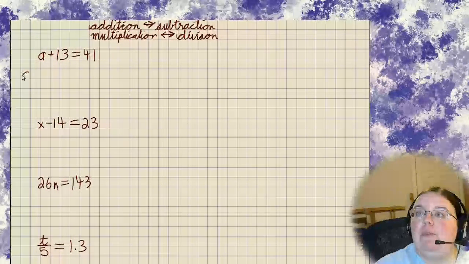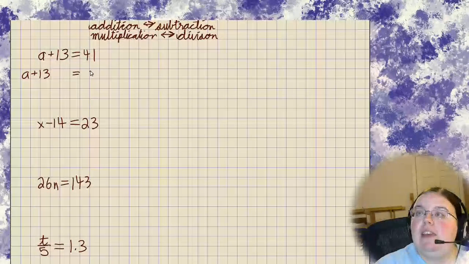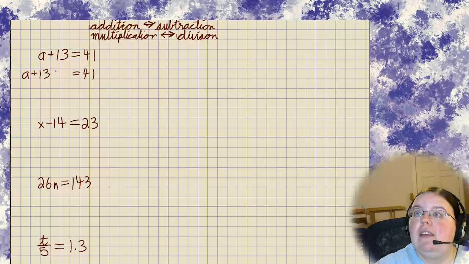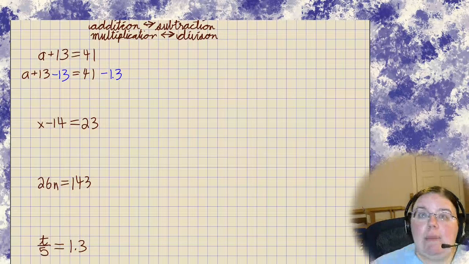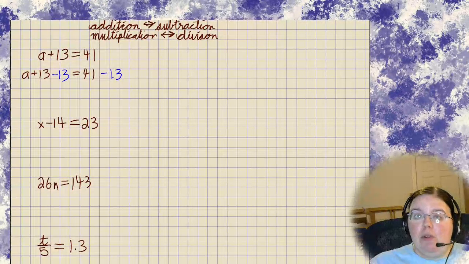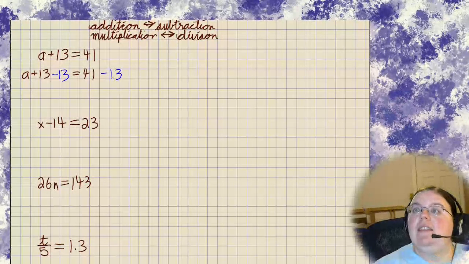I'm going to start with what I have, which is that a plus 13 is the same as 41, and I'm going to change that by, on both sides, subtracting 13. I can make any change I want to, as long as I make the same change to both sides.